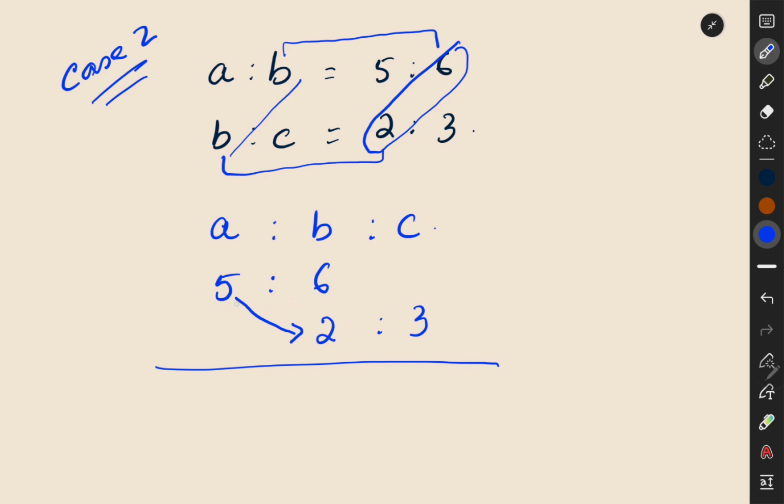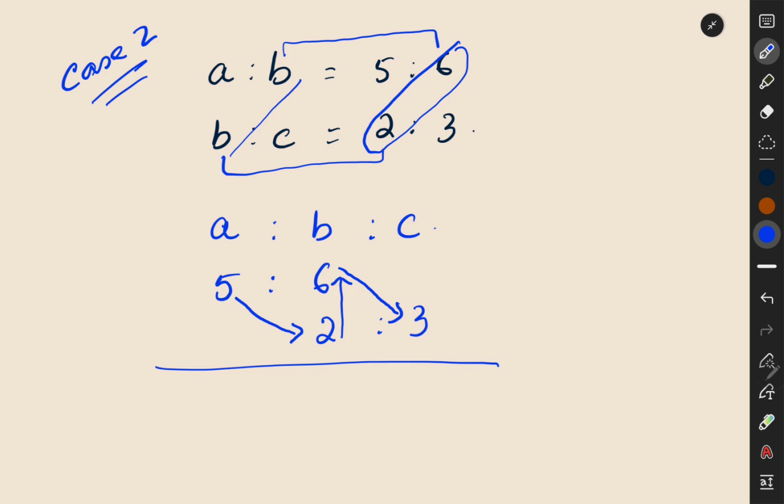This means that 5 multiply with this 2 and then again 2 multiply with 6. From head to tail we draw an arrow. Again we draw another arrow from 6 to 3. This means that 6 multiply with 3.